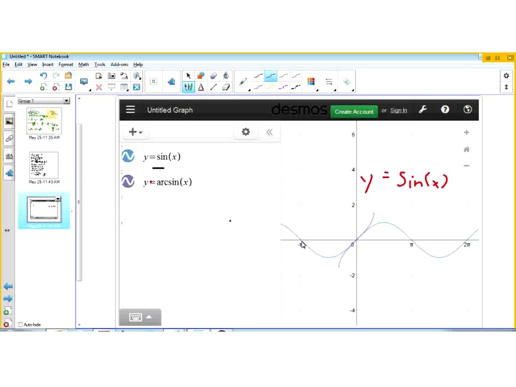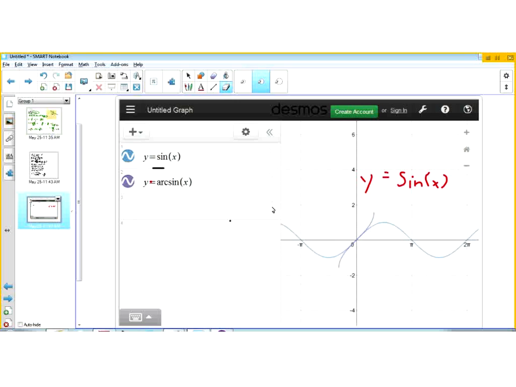Remember, the principal sine is this piece right here. And then the inverse of the principal part I'll accentuate here, right there. Like so. Let me erase this so it'll be more clear.